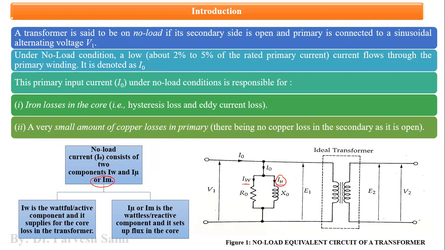M here represents the magnetization. So this IW is responsible for the heat effect in the core, and this I mu is responsible for the magnetization of the core.